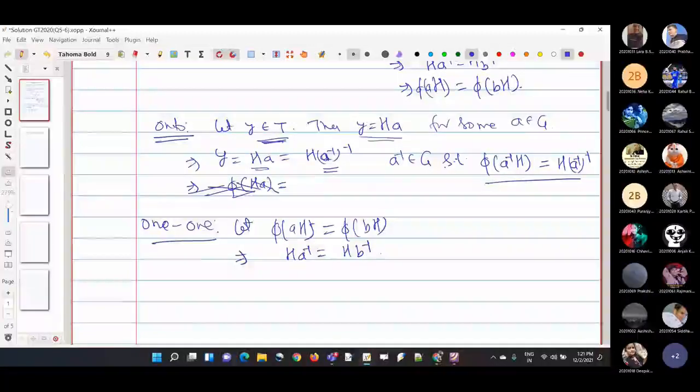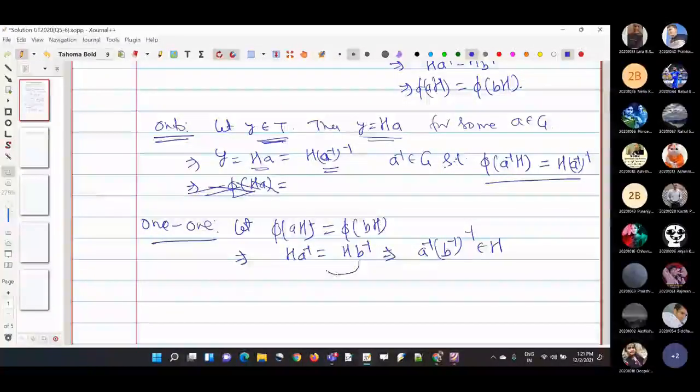So they are right cosets, and two right cosets are equal if and only if a inverse and inverse of b inverse belongs to H. In one sense, you can write it. Sometimes you may get confused how we can write like this. So you just see that was just for the sake of memorizing and telling.